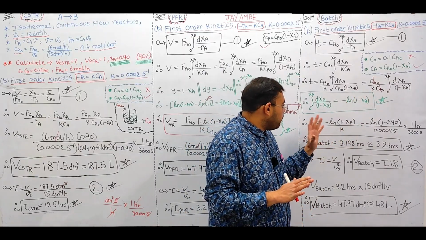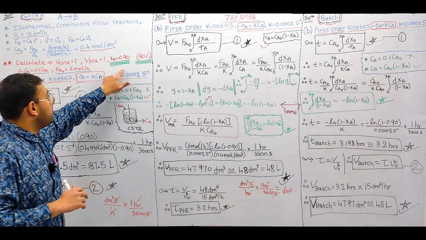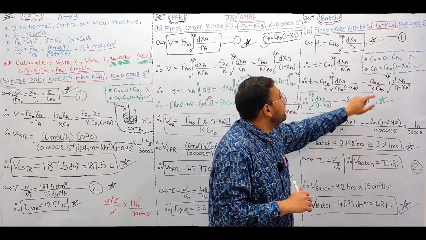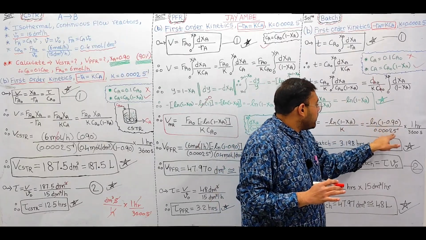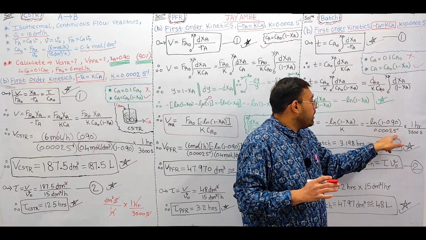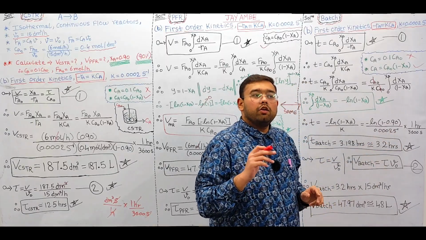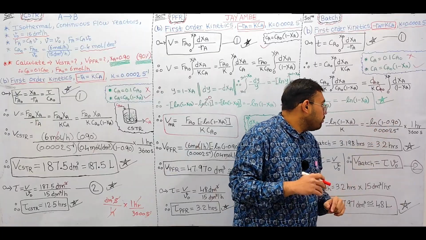Now we need to just plug in all the values. XA is 0.90, since we need to achieve the desired conversion of 90%. The k value is 0.0002 second inverse. Here we have second inverse, so one in the denominator we have 1 by second, so the second in the denominator of the denominator will go to the numerator. So in the numerator we have seconds.